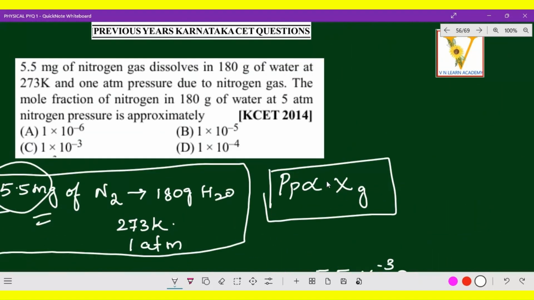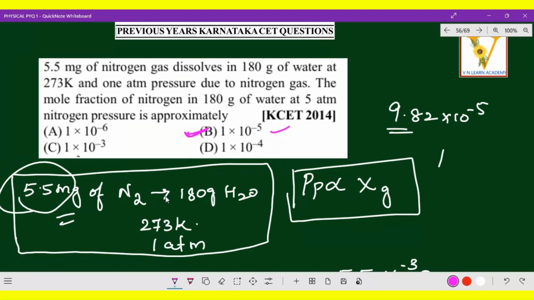Here the answer we observed is 9.82 into 10 to the power of minus 5, so we bring the answer approximately. In the options they have given 1 into 10 to the power of minus 5, approximately, right? 9.8 is more or less 1. So 1 into 10 to the power of minus 5, option B, is the correct option. Hope you got the clarity. How do we go for it? First, find the concept, then apply the data according to it. Hope you got the clarity.